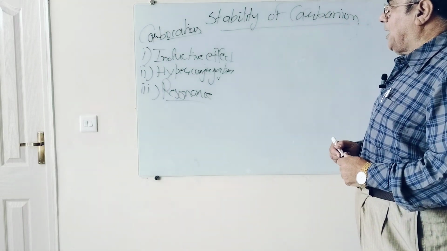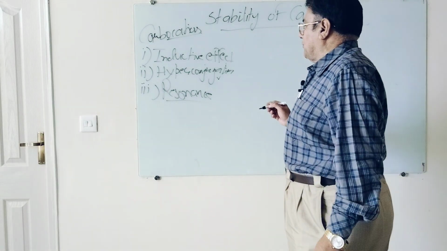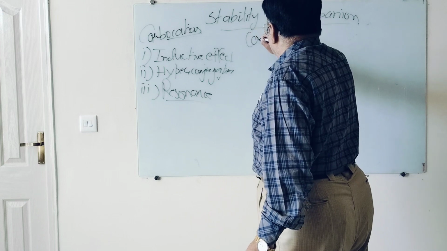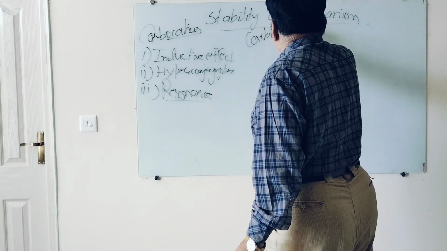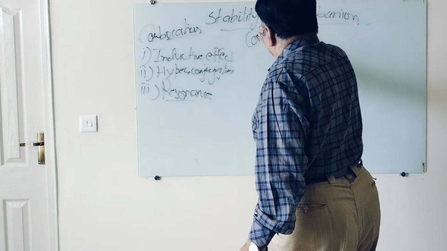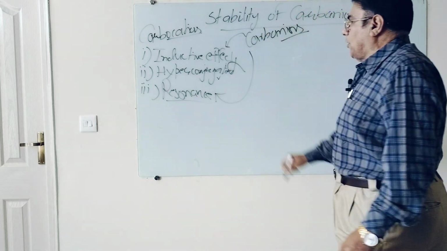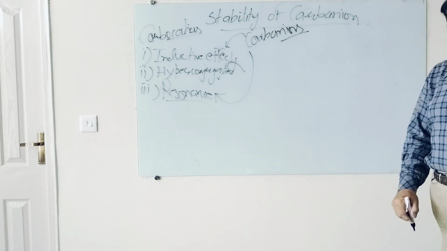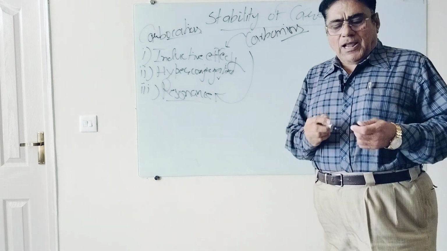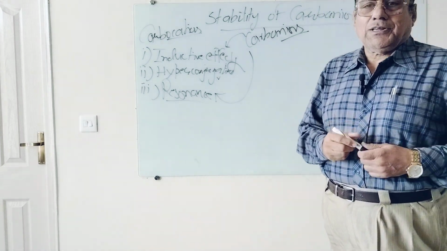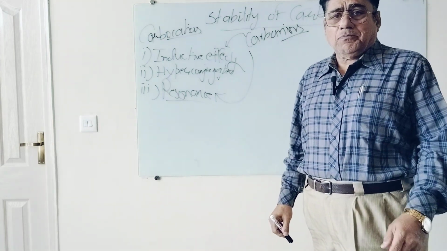Come to the point, listen very carefully. We explain the stability of carbanions with inductive effect and resonance. We cannot explain the stability of carbanion with hyperconjugation. This is a very important point I am telling you.